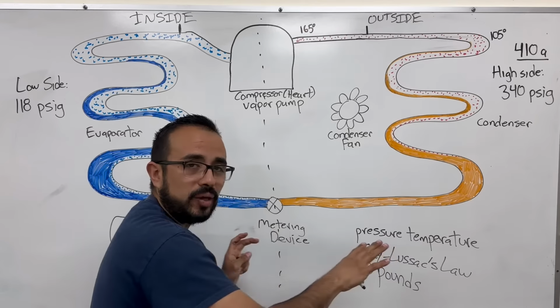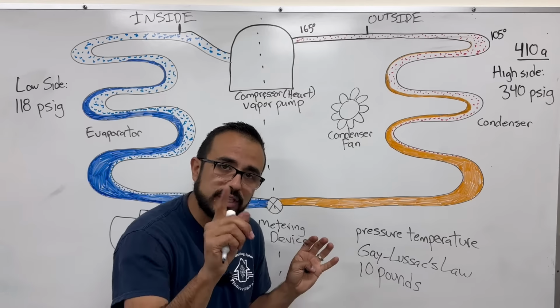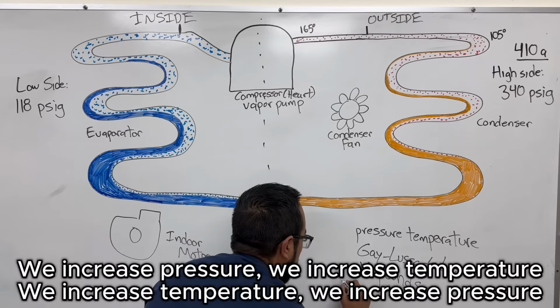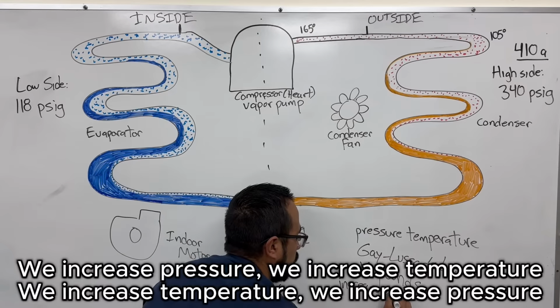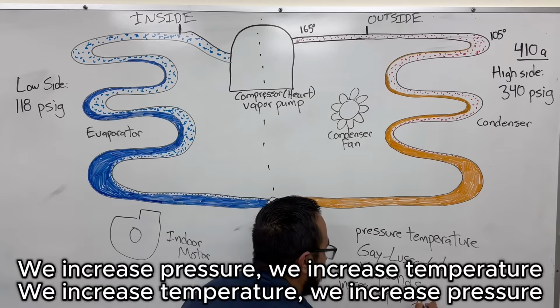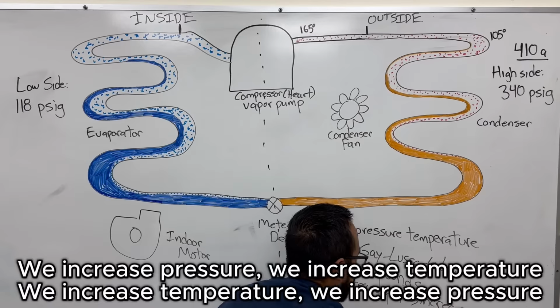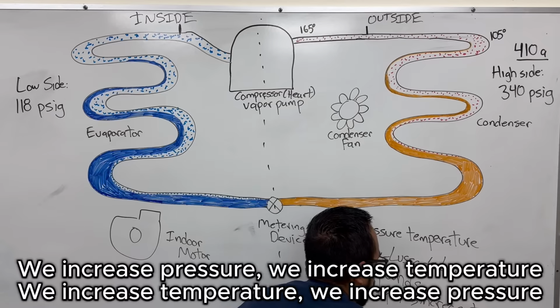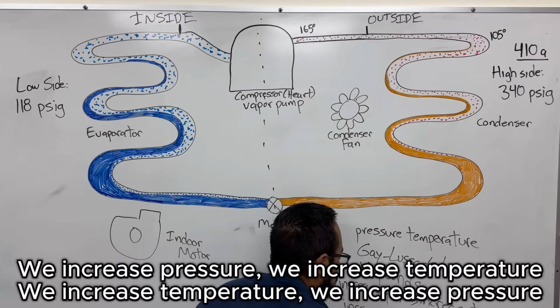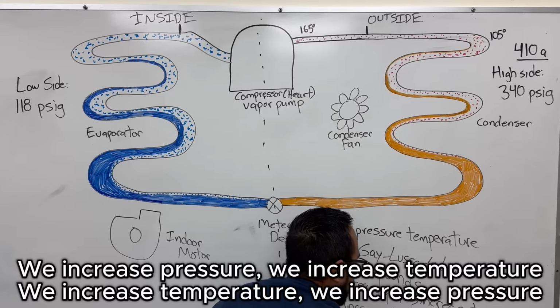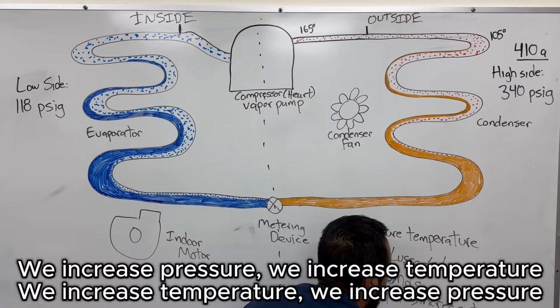But 10 pounds, that's not changing. This is the key right here. If we increase pressure, and for pressure I'll put PSI, we increase temperature. There's a relationship with that. Same thing. If we increase temperature, we increase pressure.